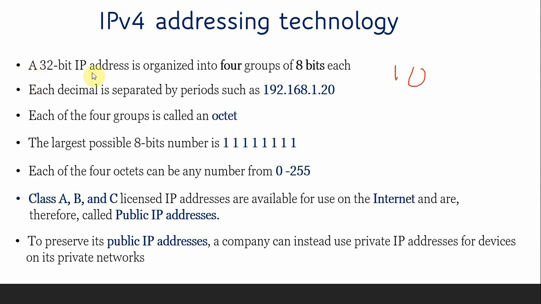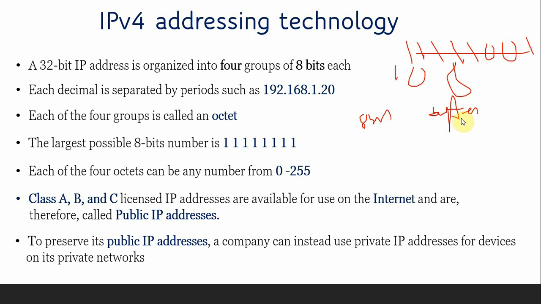So the 32-bit IP address is organized in 4 groups of 8 bits. We know that 8 bits make what is called a byte. So 8 binary bits, different ones and zeros, 1 0 1 0 1 0, so 1 2 3 4 5 6 7 8, make up 1 byte.